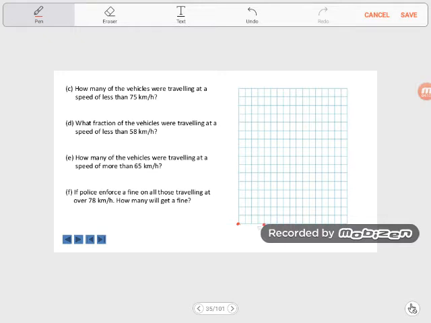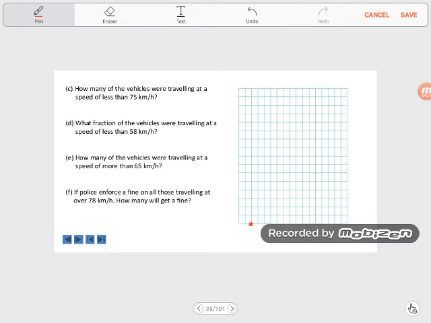If we go 40 to 50 to 60 to 70 to 80, that's not going to quite get it there. So we might have to go in 2s. It's not a very good scale, this one. We'll just work with what we've got.